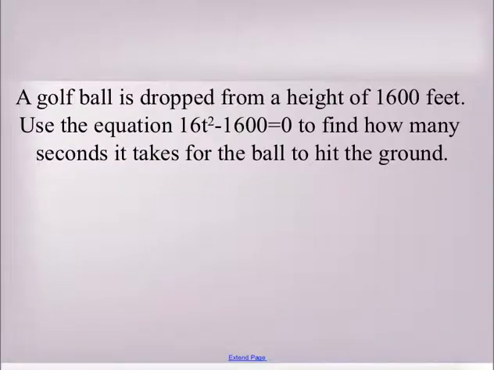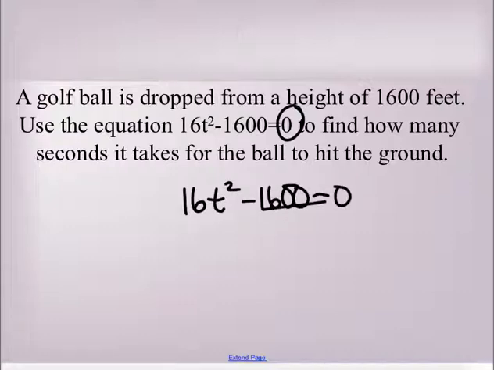All right, and a golf ball is dropped from a height of 1,600 feet. Use the equation to find how many seconds it takes for the ball to hit the ground, meaning that I want to be at 0 feet, which is why we have it equal to 0. So I just need to find t, time, which when I do this, I'm going to add 1,600 to each side to get 16t squared equals 1,600.